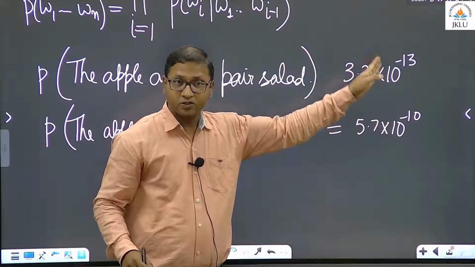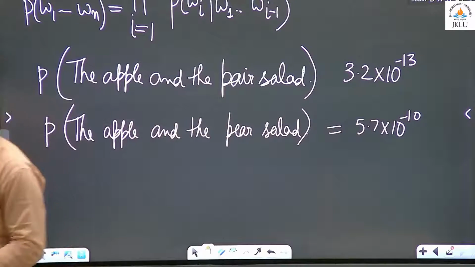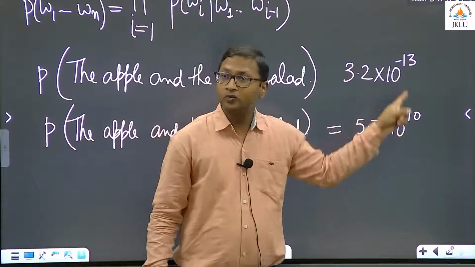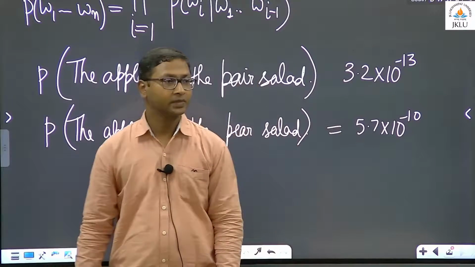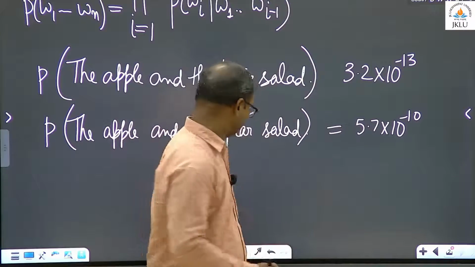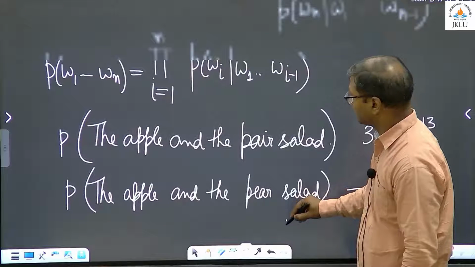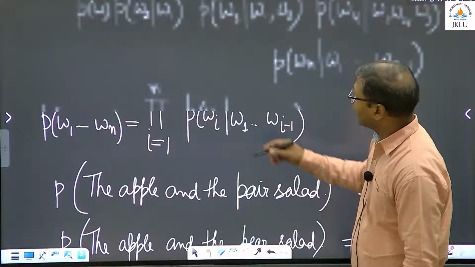Why are the probabilities so low? Go back here, to the probability of the first word.